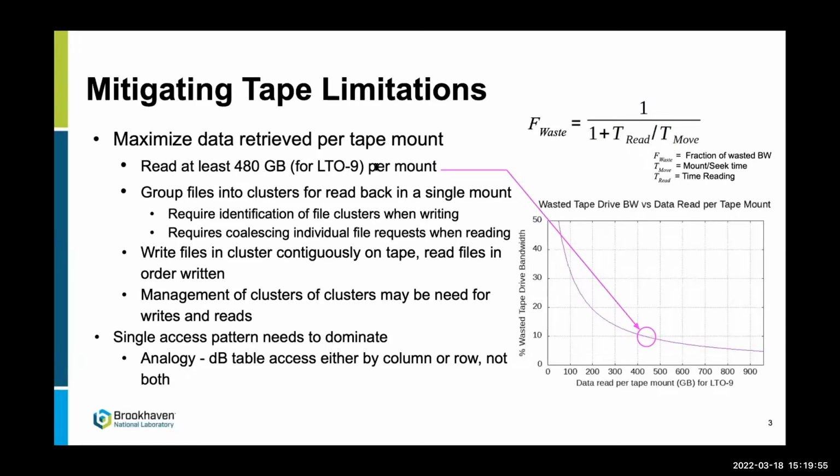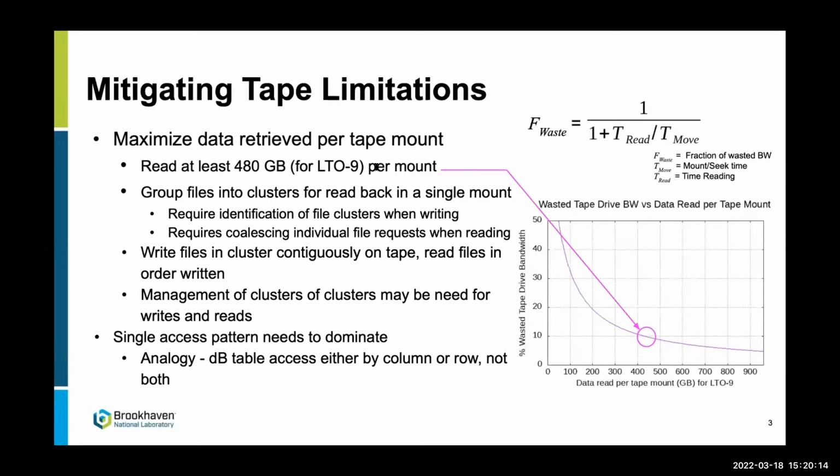So you need to be able to identify your file clusters before you write the data to tape, so that you can co-locate that cluster of files onto a small number of tape drives and contiguously on tape, right?